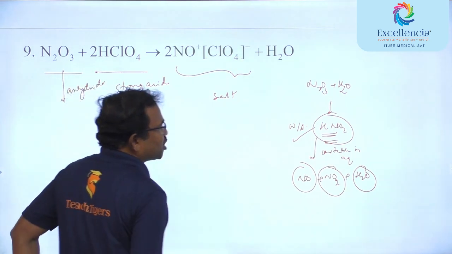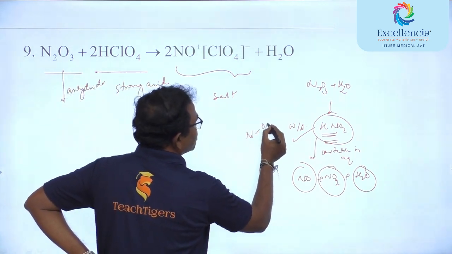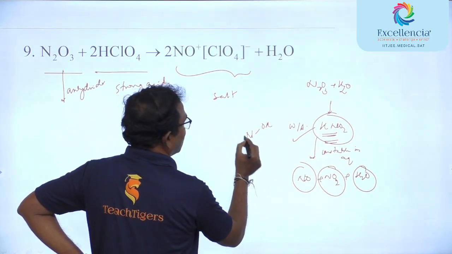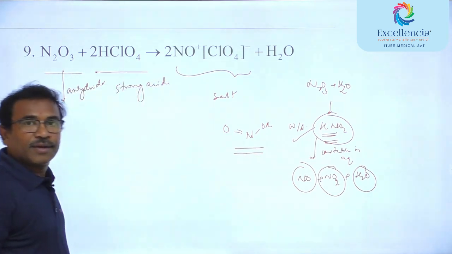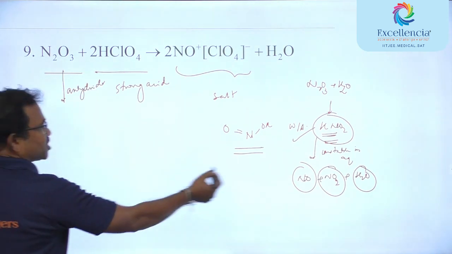Now, if you look at the structure of nitrous acid, how does it look? N, OH, and simply you have a double bond O. HNO2, nitrous acid. Now I told you perchloric acid is a strong acid, and of course this is a weak acid.